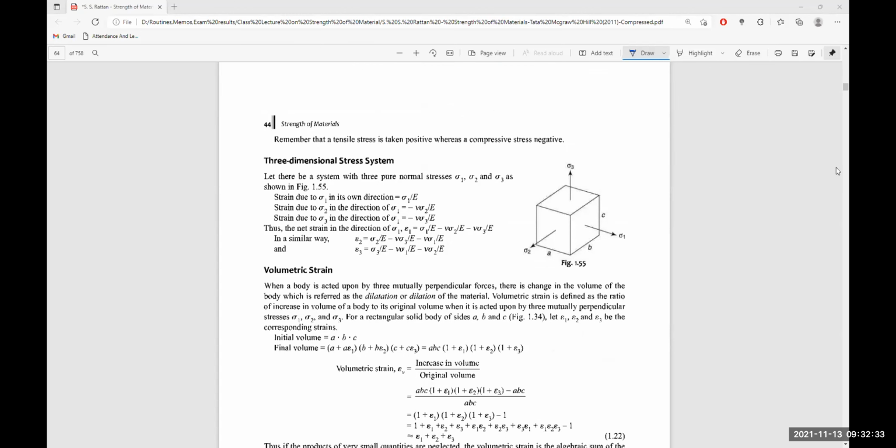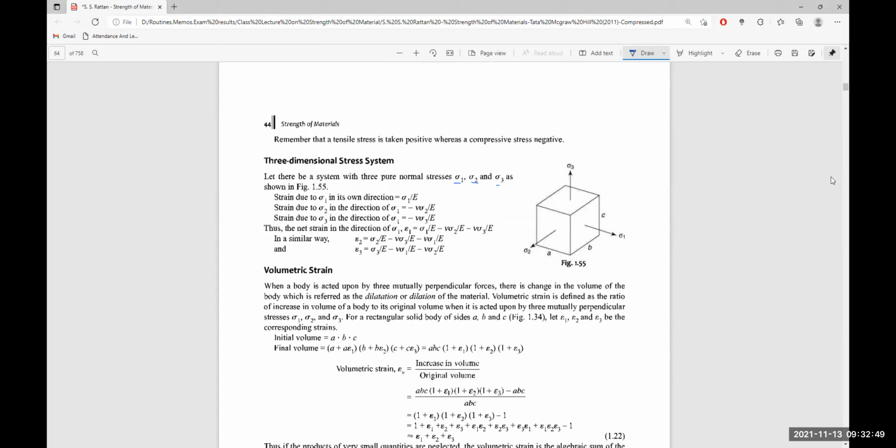Next comes three-dimensional stress system, where we are using normal stresses sigma 1, sigma 2, and sigma 3, as shown here. Sigma 1 along x-axis, sigma 2 along z-axis, and sigma 3 along y-axis.